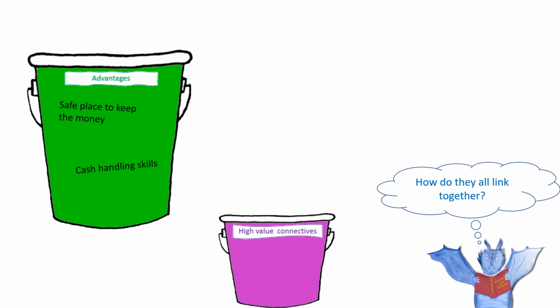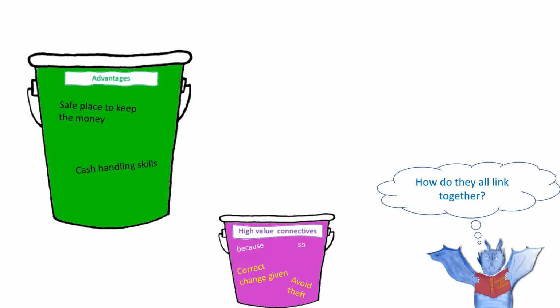So we don't need disadvantages and we don't need conclusions. So what we're going to look at now is just expanding the high value connectives bucket so that we can put in it the extended sentence links. And as we're looking for extended sentences, then the stable connectives of because, and even the word so, which is undervalued but is a good connective, are good enough connectives for this purpose. I'm not suggesting there aren't any others, but we can use those as examples.